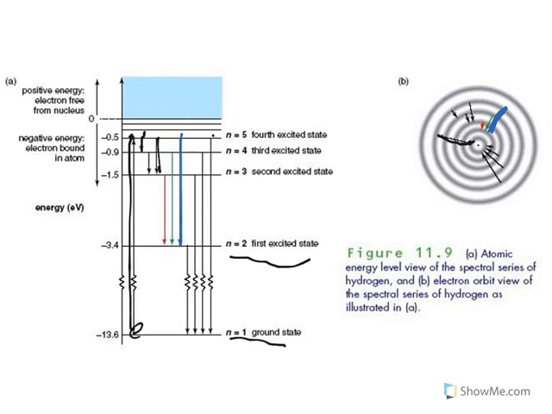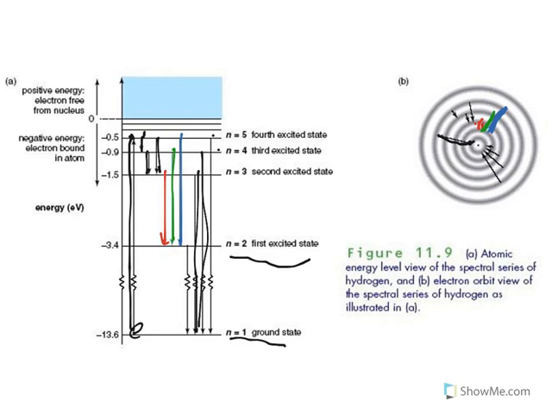If it drops in a series of other steps and ends up in the third excited state, there are 3 different ways it could drop to there, including the green one, from that shell to that shell. If it ends up in the second excited state, there are 2 ways: that red one, or it could go all the way to the bottom.